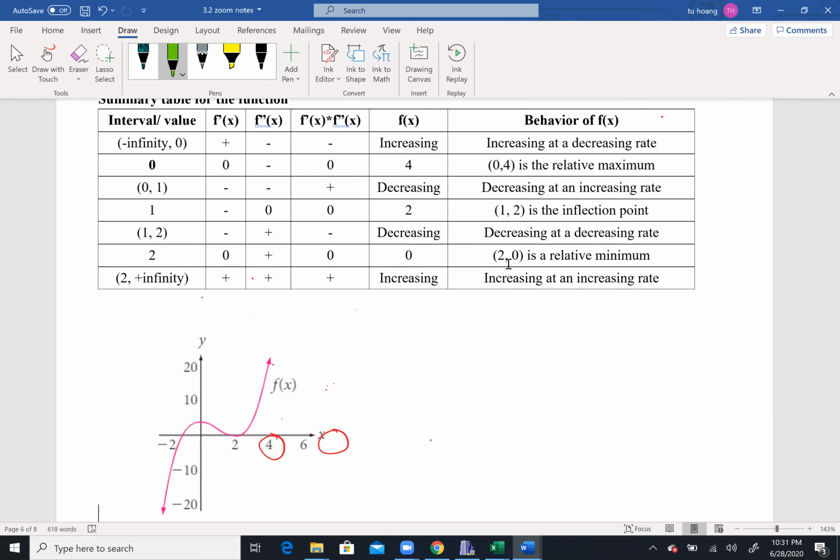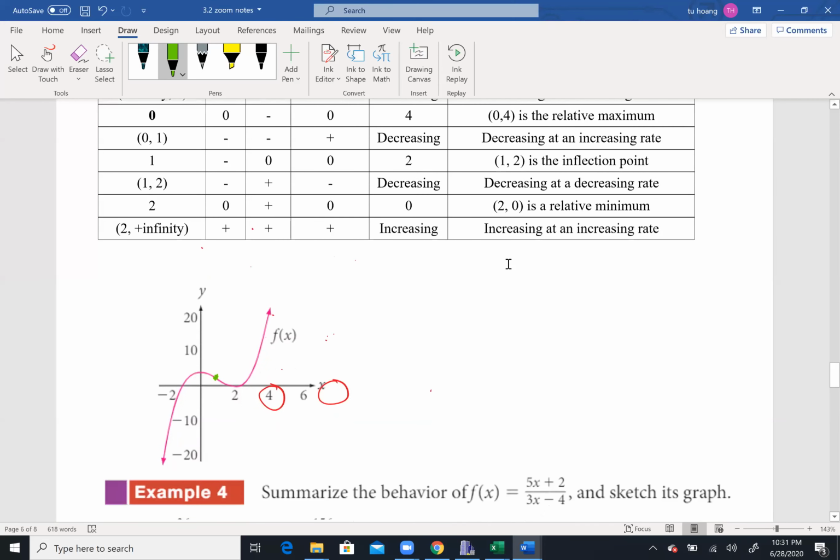No, actually at x equal to 1. So it becomes an inflection point. I can show you here, okay? And it changed from concave down to concave up. Okay, and then after that it keeps going up.